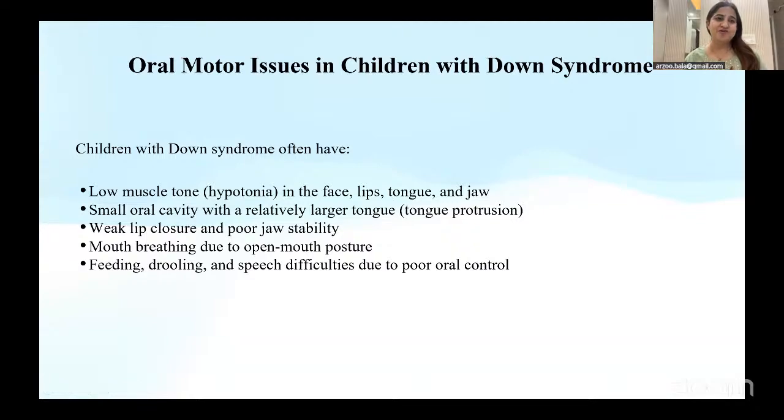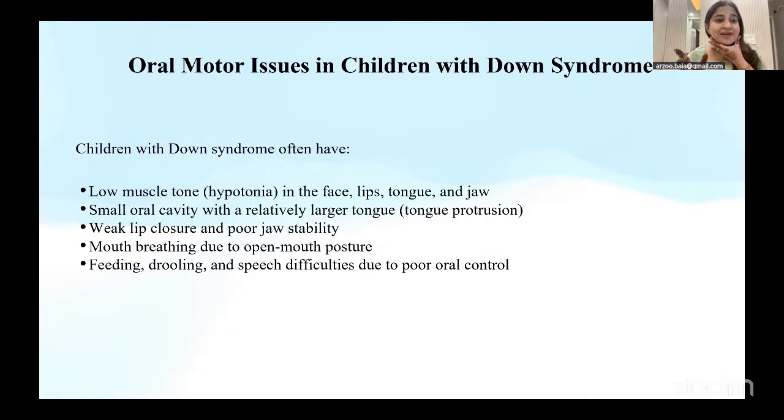And oral motor issues. So as we know, many a time क्या होता है, हमारे बच्चों का oral cavity is small and the tongue, ठीक है, tongue size is big. Because of that, many a time their jaw muscles are not developing well. Why? Because the mouth is open. Normally we have very strong jaw muscles.